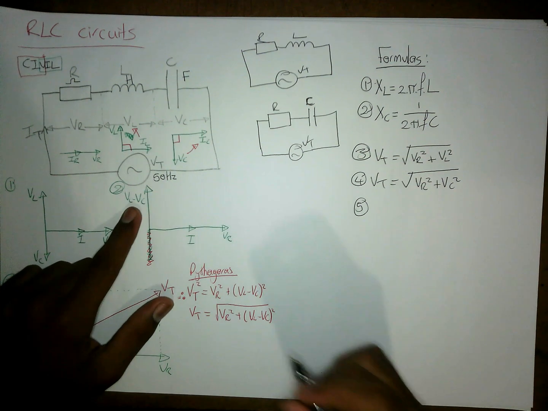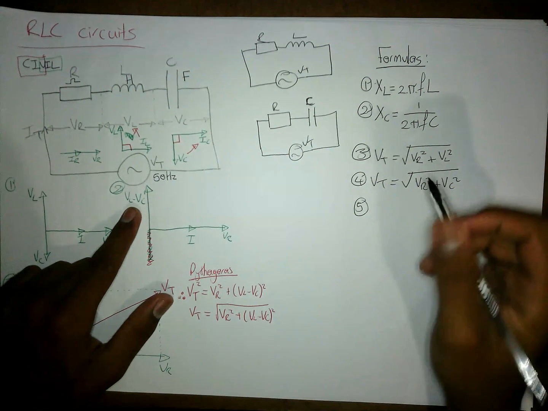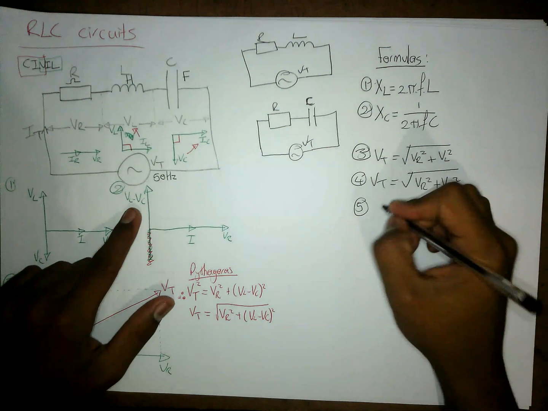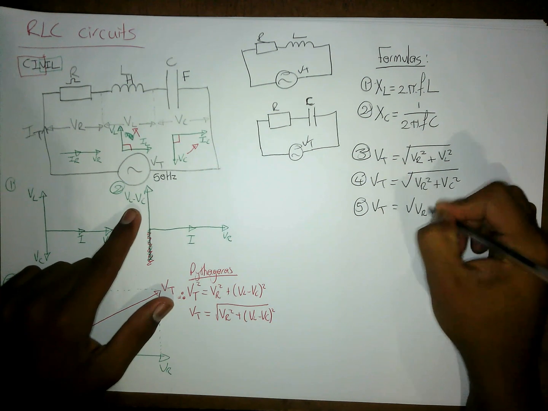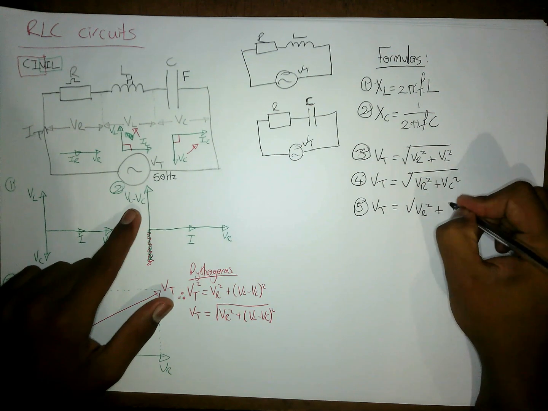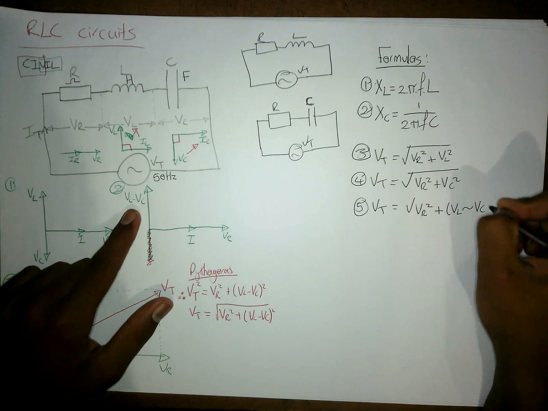It's going to be like this: Vt equals VR squared plus VL minus VC squared.